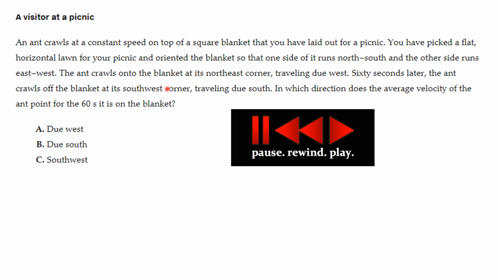The ant crawls onto the blanket at the northeast corner, traveling due west, and 60 seconds later, the ant crawls off the blanket at the southwest corner, traveling due south. In which direction does the average velocity of the ant point for the 60 seconds while it's on the blanket? You know what to do. Let's see how you did.